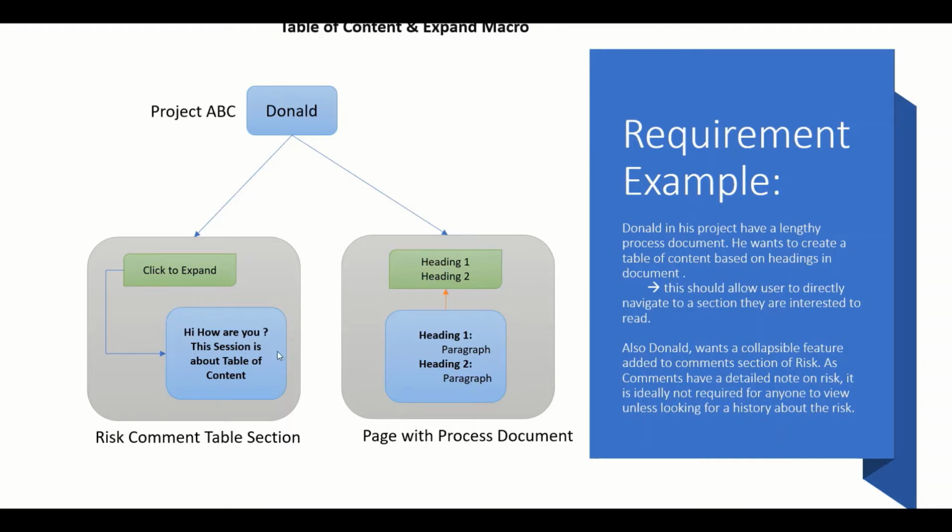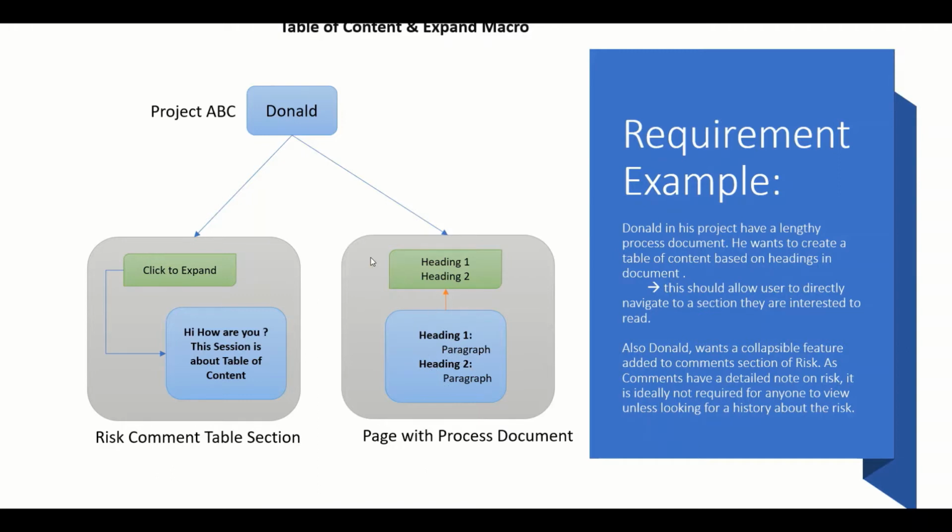So Donald is a project manager where he has a lengthy process document and he wants to create a table of content based on the headings in the document. There might be multiple headings present in the document which has the necessary information with regards to that particular topic, right? For example, there's a heading with a paragraph, and then there's another heading with another paragraph.